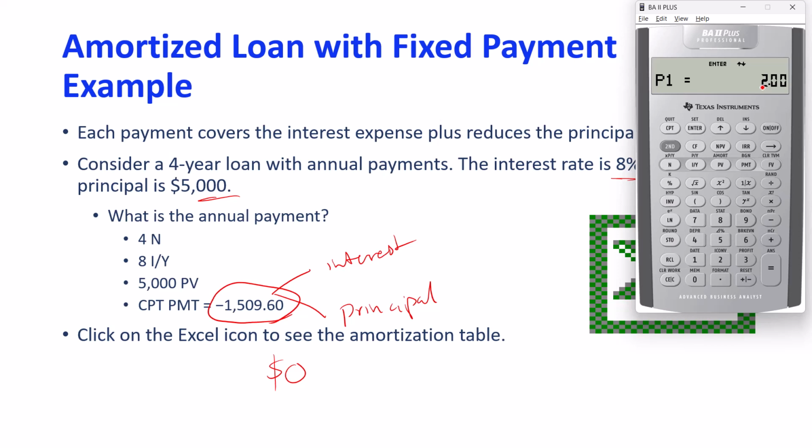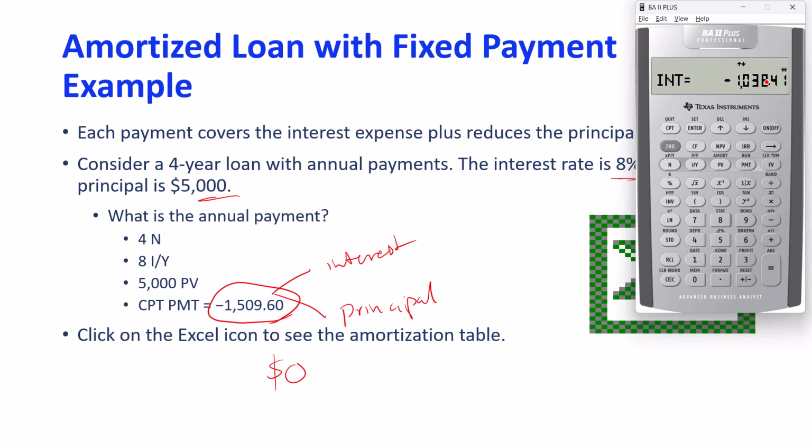So we set the starting point as 1, and P2 would be the ending point, which is going to be 4. So the balance, of course, at the end of the 4 years would be 0. And you pay the principal 5,000. And this is the total amount of interest you pay from period 1 to period 4.